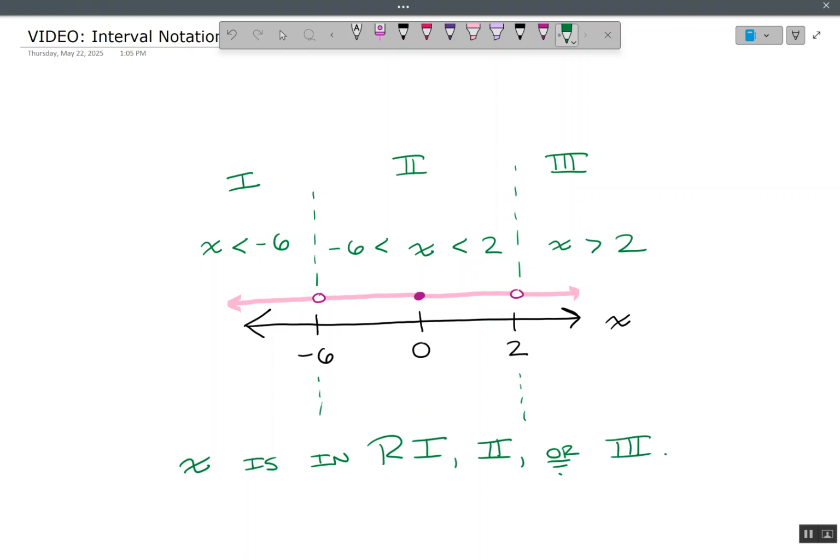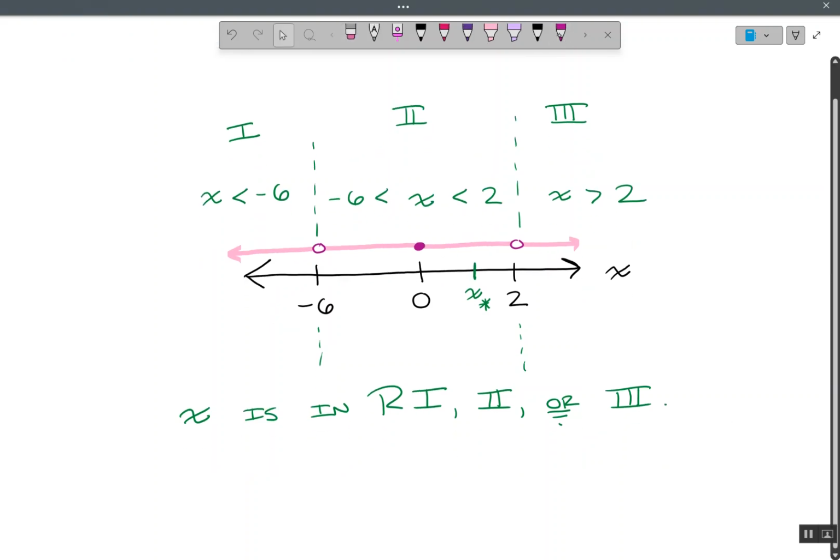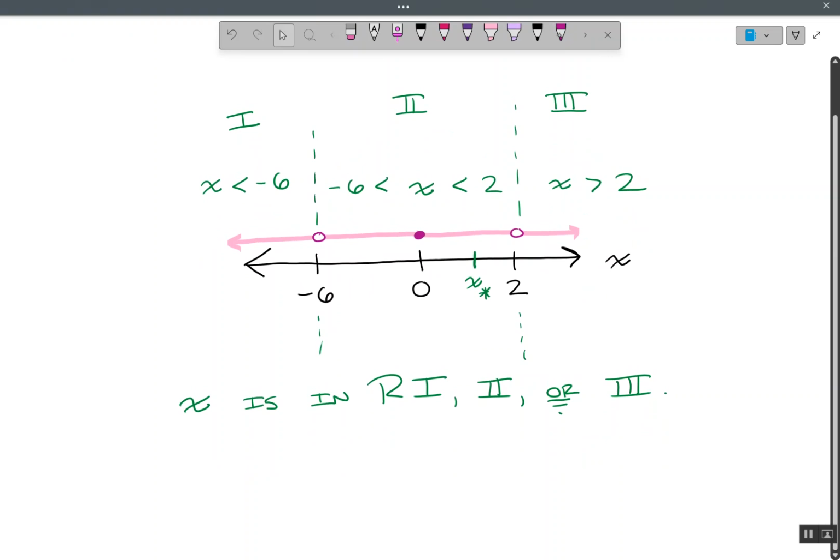That or is important because every x value, let's say this special x value right here, is only in exactly one of the regions. In particular, it's in region 2. You can't be in 2 regions at once. You're only in one spot.